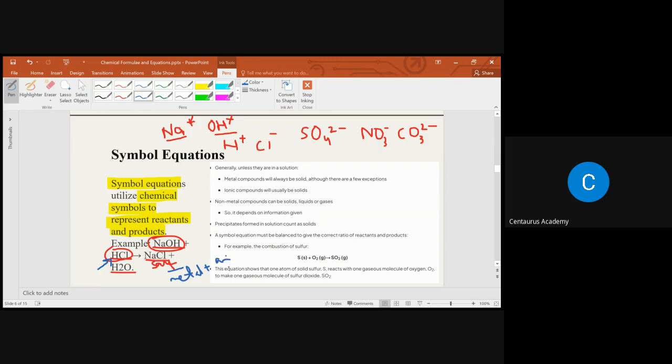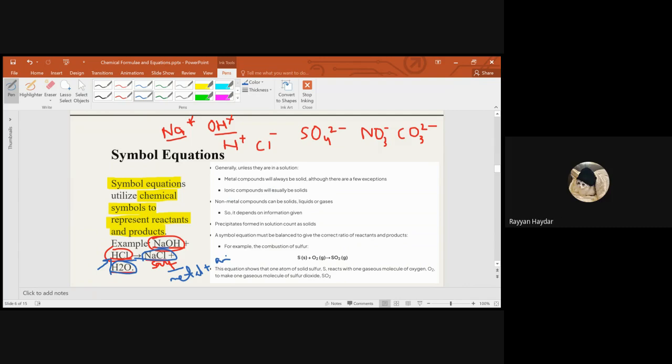What is the anion of the acid here? Chloride. And the metal here is sodium. So NaCl will be the formula for the salt, plus water. Water, we know, is H2O. So the simple equation is going to look like this. Is this point clear so far?